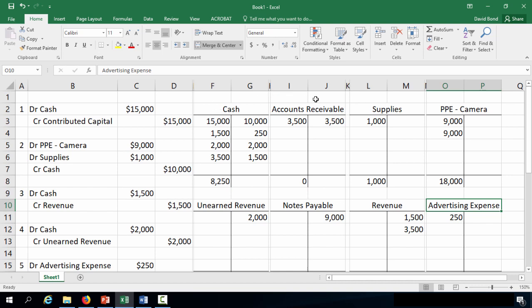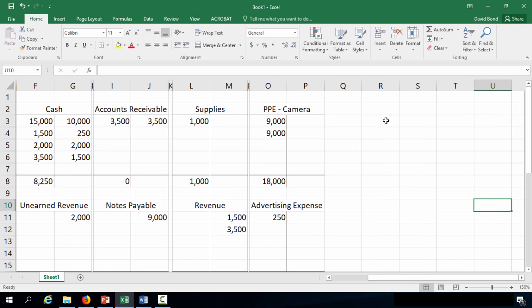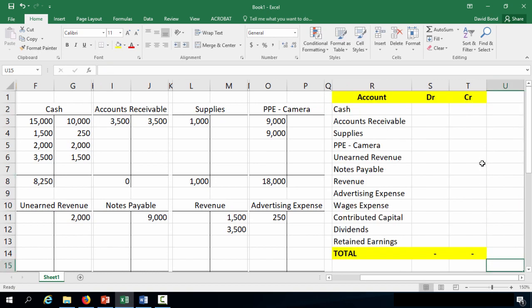Because now that we've done all the various T accounts, we can now create the trial balance. So this is the structure for the trial balance with all the accounts listed down, debit and credit columns, and we're adding up everything in the debit and credit column. It's just a matter of working our way down and taking the balances and putting them on the side they need to be on.